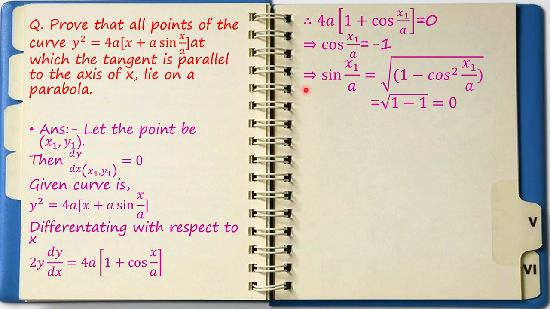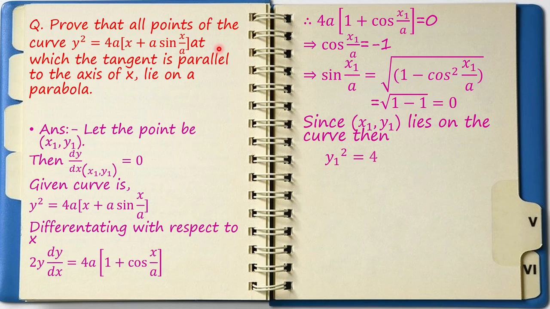So this is the condition for which the tangent is parallel to the x-axis. That means for this point (x1, y1), the point of contact, the value of sin x1 by a should be equal to 0. Now since (x1, y1) is a point on this curve, it will satisfy the equation of the curve. So let's put this point on the curve. We will find y1 square is equal to 4a into (x1 plus sin of x1 by a).